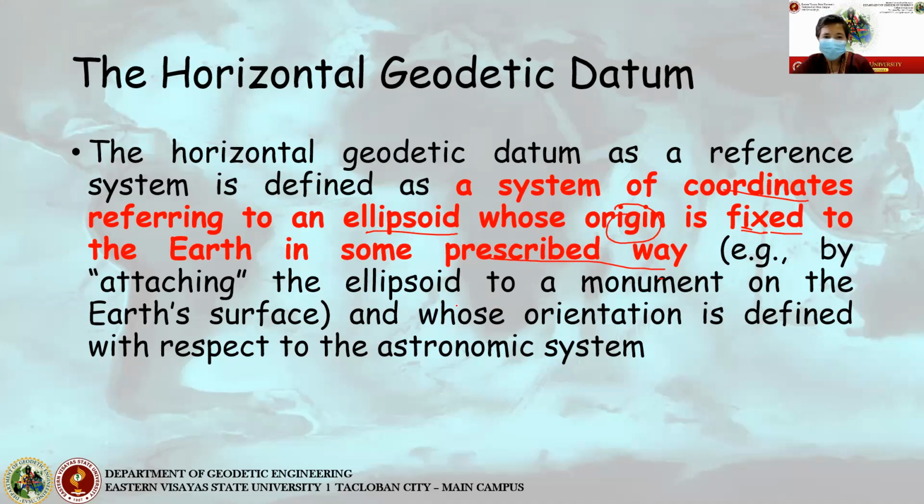So by attaching an ellipsoid to a monument on the Earth's surface and whose orientation is defined. When you say orientation, that is the azimuth, the direction of a certain monument, for example Balanacan, with respect to the astronomic system.